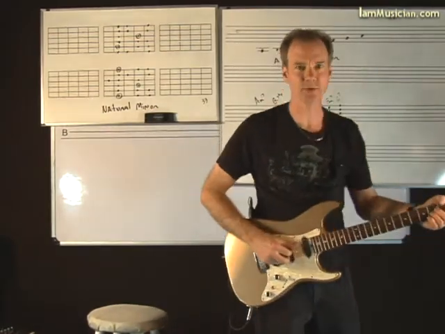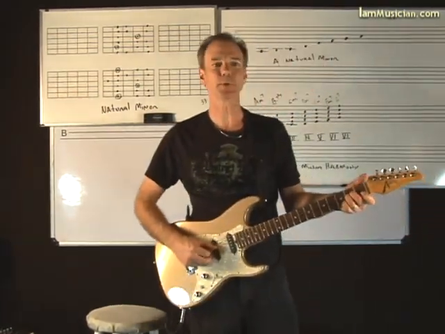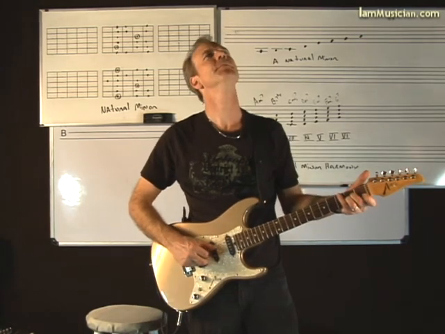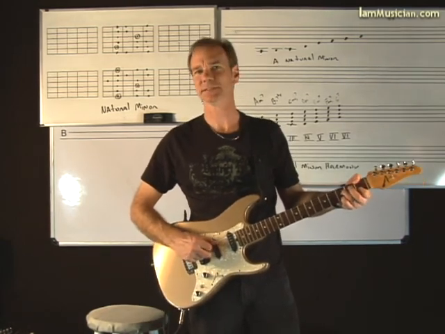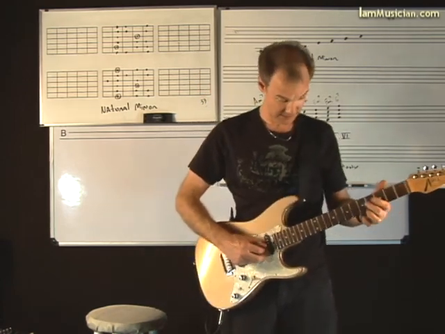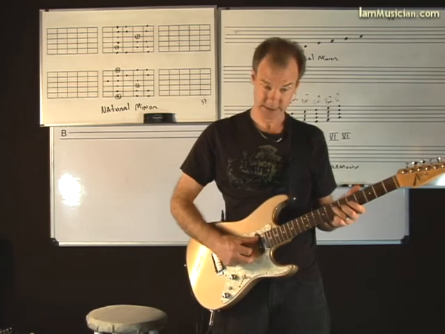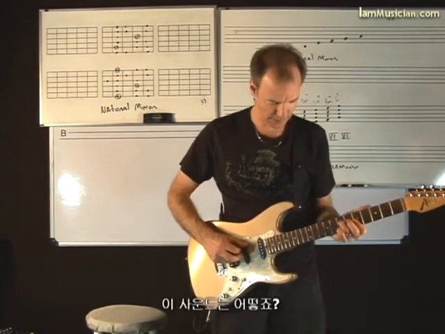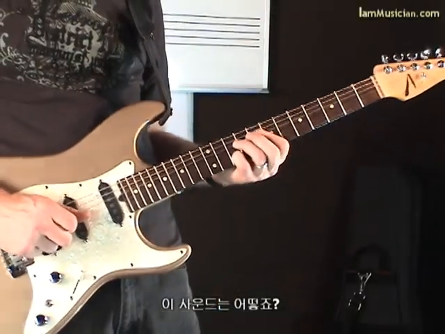Now, what happens when I do stuff like this? So when I'm taking this progression, and I do this, that's basically an F chord, but then I do this. What am I implying there? What about these sounds?